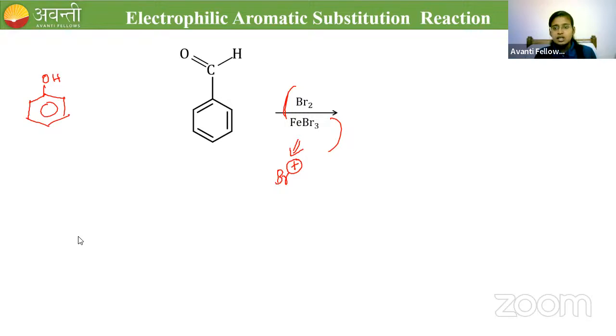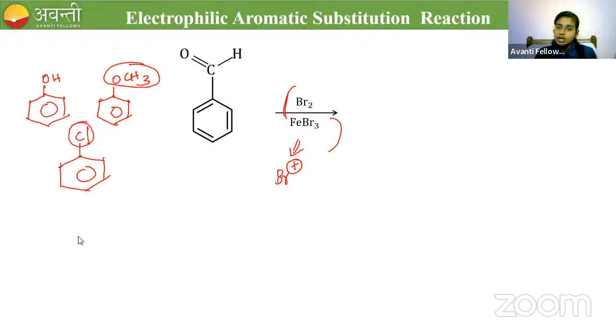In case of ether, we had OCH3, alkoxy, which is also an electron donating group. In case of haloarene, we had Cl, an electron donating group again. So in case of electron donating groups attached to the ring, the incoming electrophile will go to the ortho position and para position. So we got two products, ortho product and para product, for all these types of reactants.